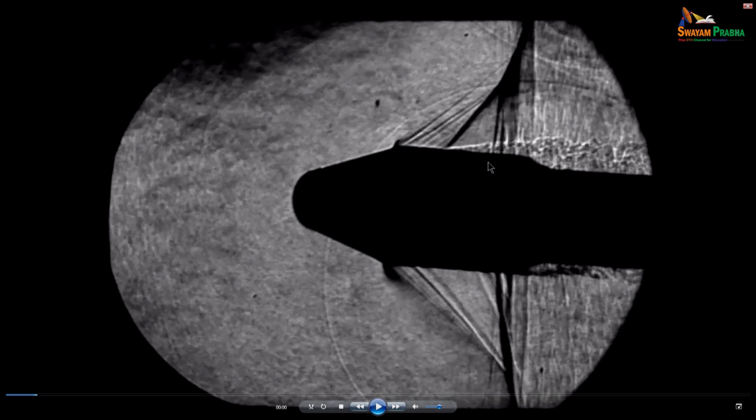What we're seeing here, this black thing on the top and here, is actually a shock wave. These undulations here are interacting with the separated boundary layer, and you can see this flow is very highly unsteady.